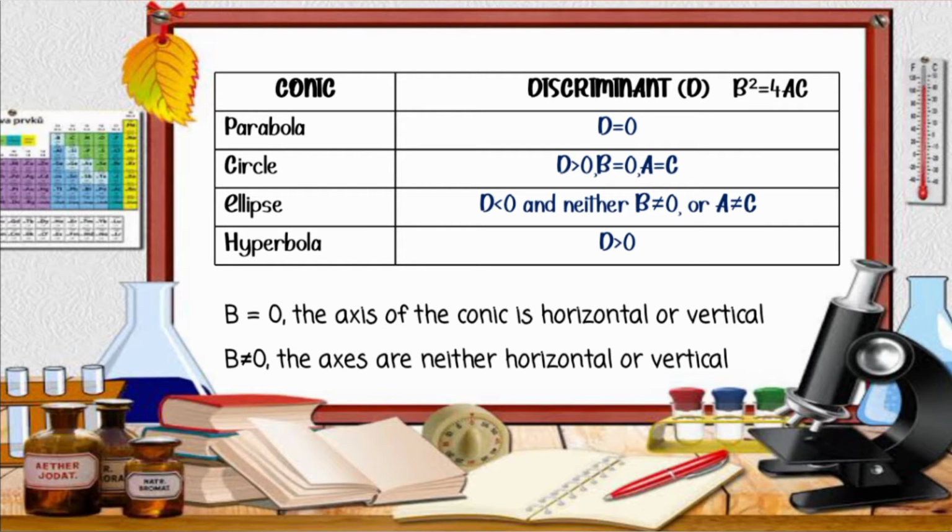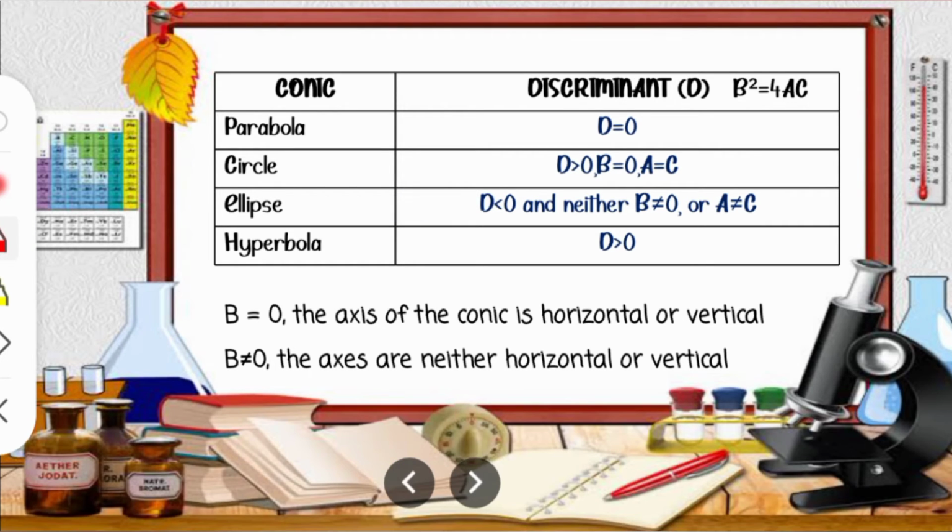So, we have here the conic sections and their discriminant. We can determine the discriminant of the conic section by using this formula: B squared minus 4AC.